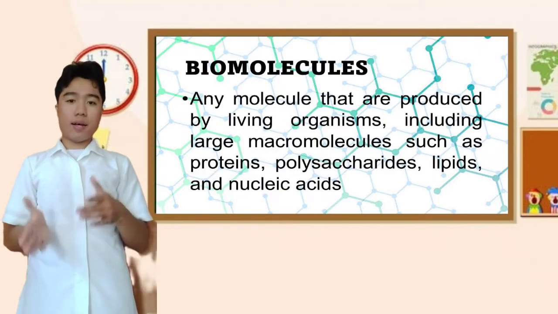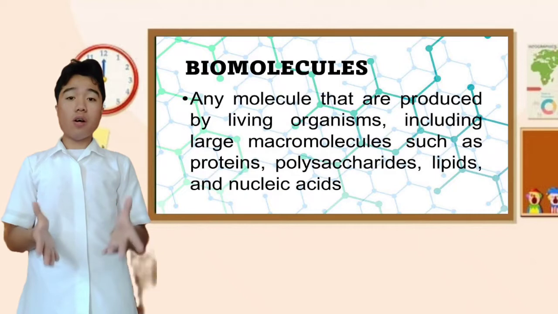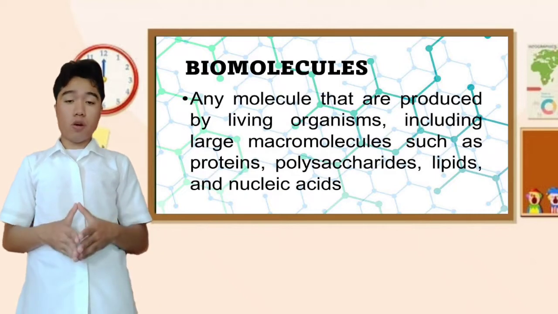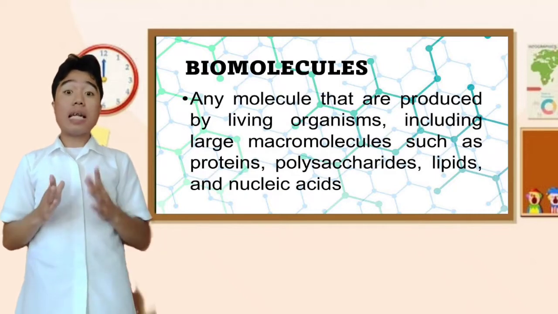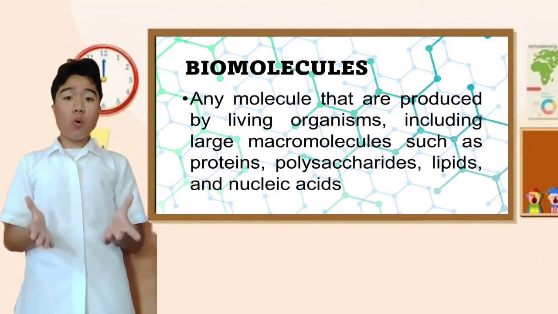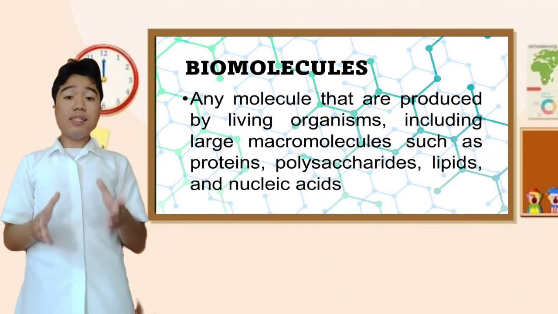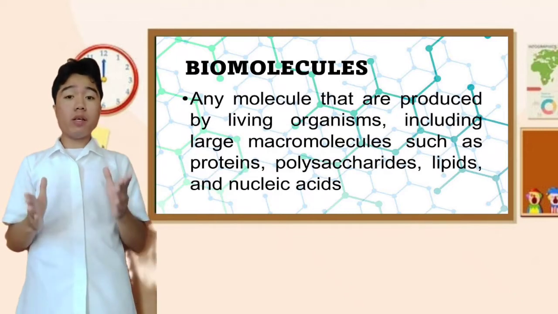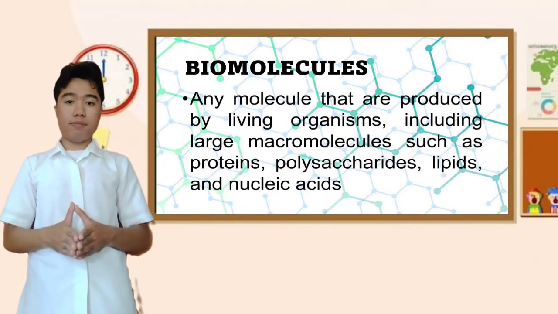As we go back to the previous slides, we saw that there's a lot of food and how this food relates to our lesson. Food is a source of biomolecules, or large molecules, that are needed for our life. A biomolecule is any molecule produced by living organisms.